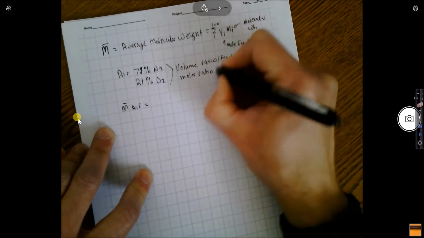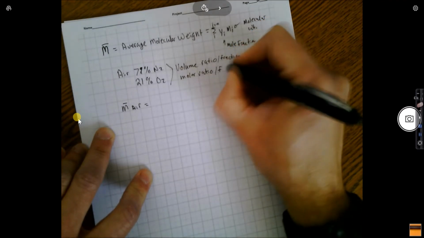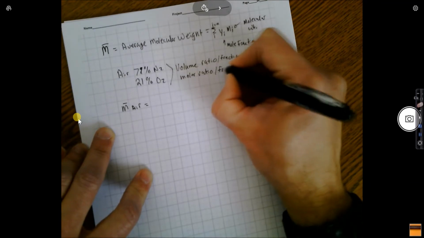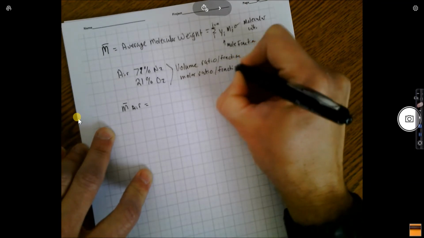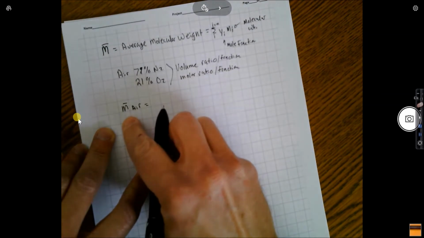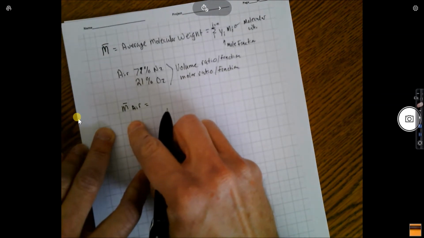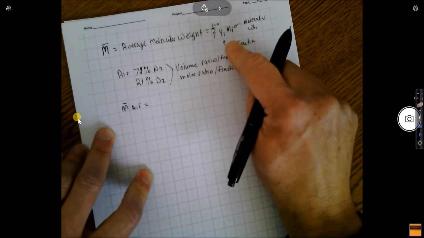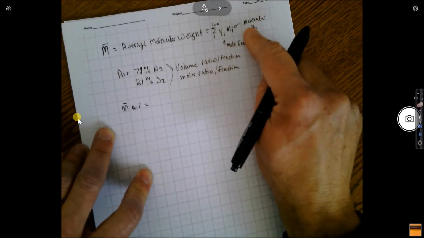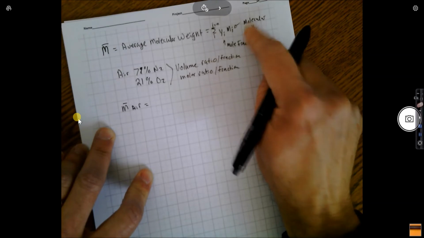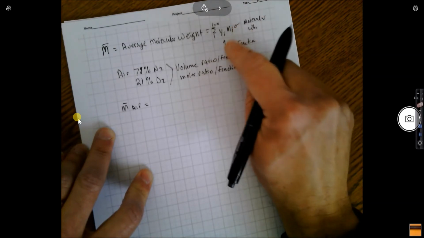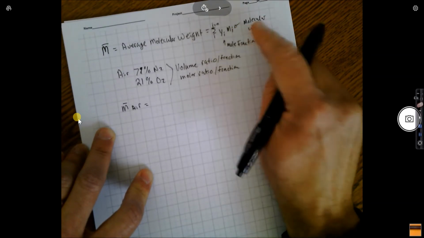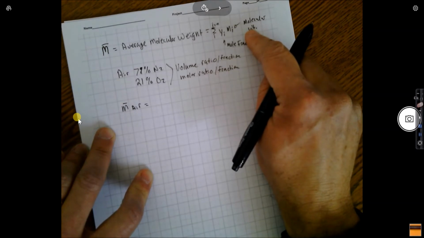The average molecular weight of air is the summation of the mole fraction of nitrogen in air times the molecular weight of diatomic nitrogen, plus the mole fraction of oxygen in air times the molecular weight of diatomic oxygen.